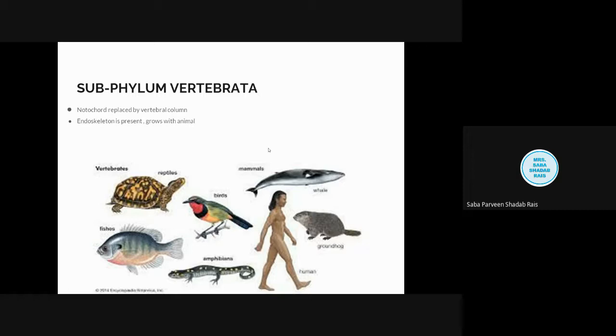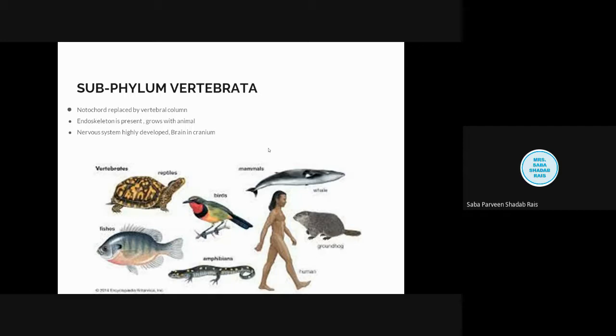Now when we talk about the group Vertebrata, they are craniates. That means they have a cranium. Because of the cranium, proper cephalization will happen and the head region will form properly. So cephalization will be well marked.